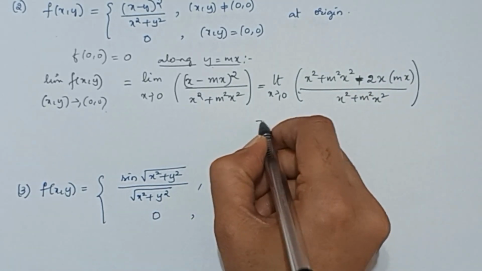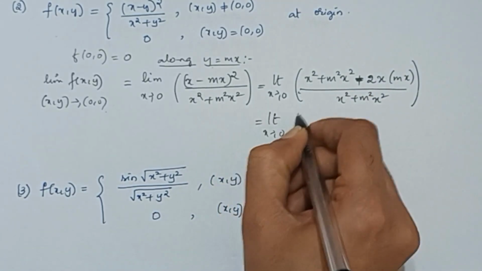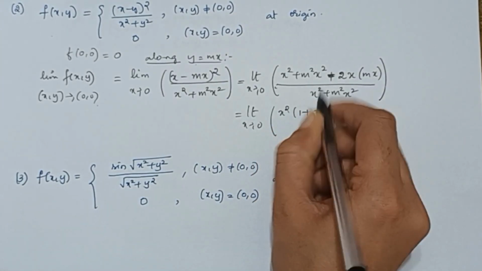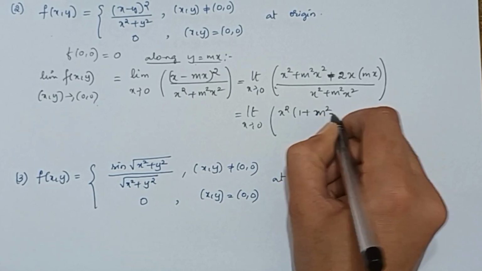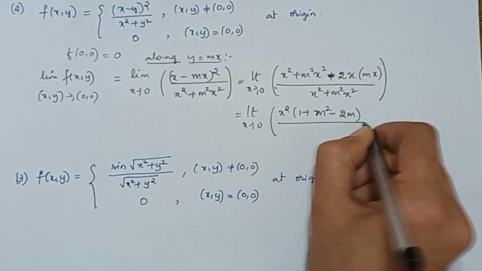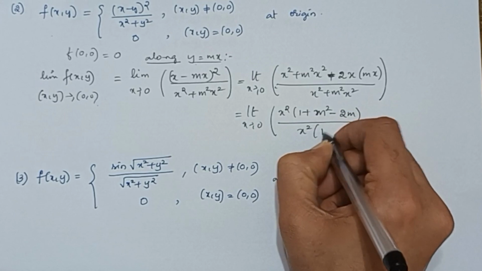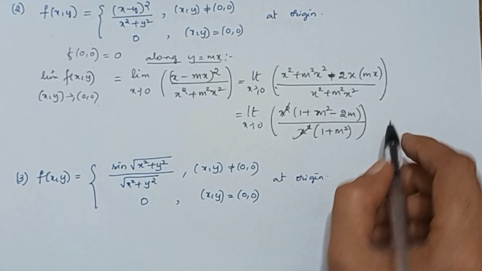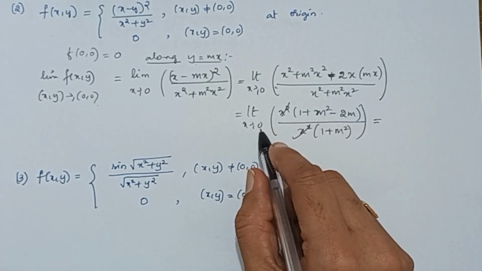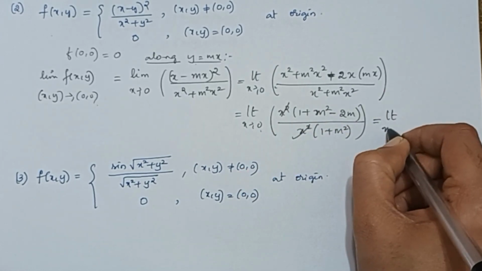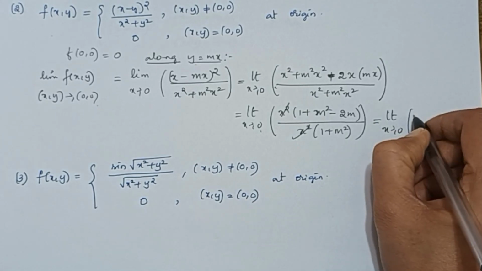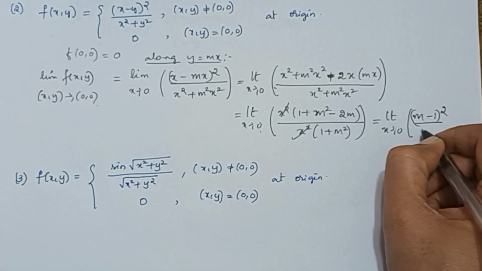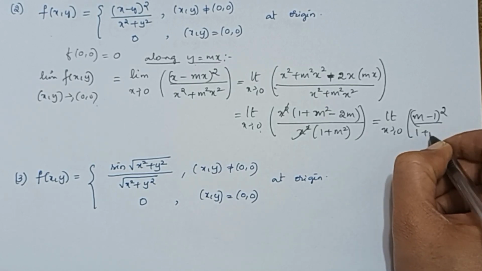So we will get limit as x tends to 0, take x square common, 1 plus m square minus 2m, divided by x square common, 1 plus m square. So x square cancels. When you apply the limit as x tends to 0, it is (m minus 1) whole square divided by 1 plus m square.